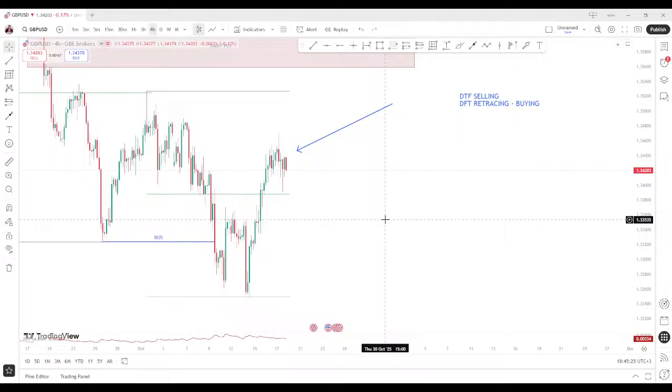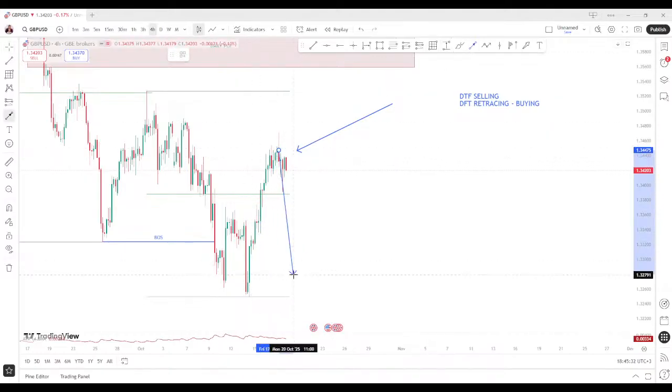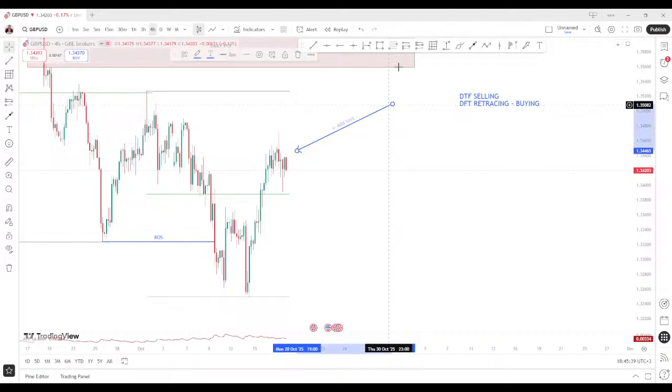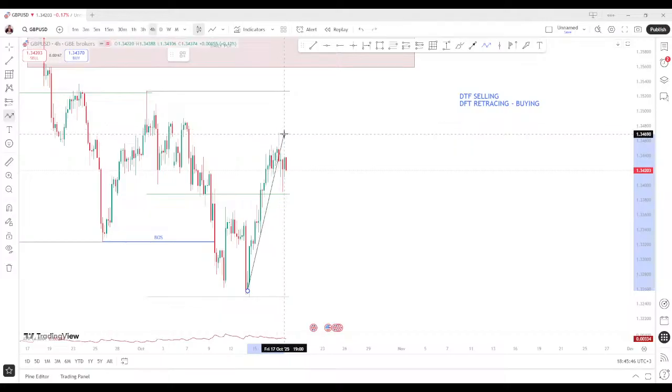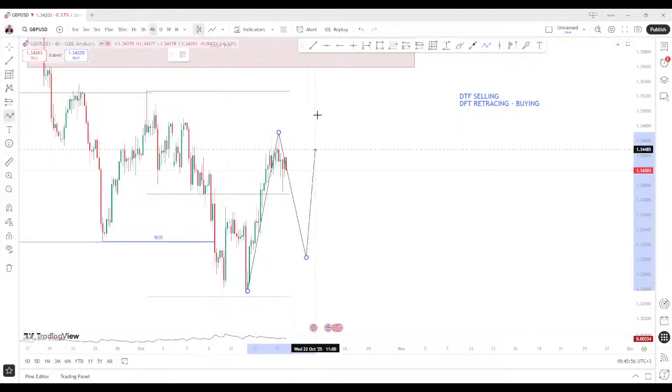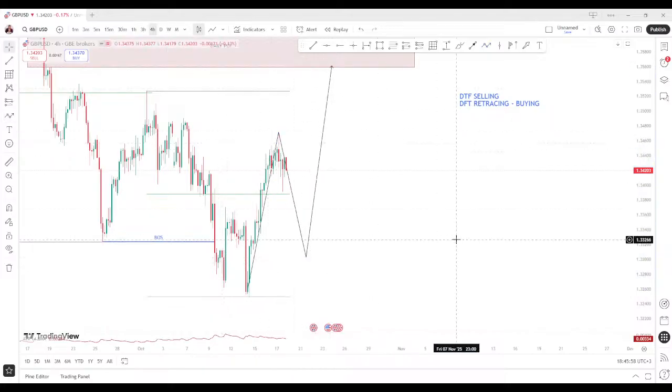Now you need to identify what this sell is. This sell is a retracement to a POI that will lead us to a buy to this area. Because we are in the premium area, we expect this sell to come to a POI that we will try to find now, and then continue to buy.